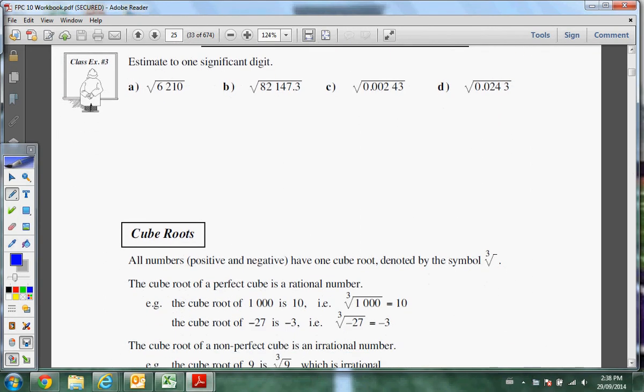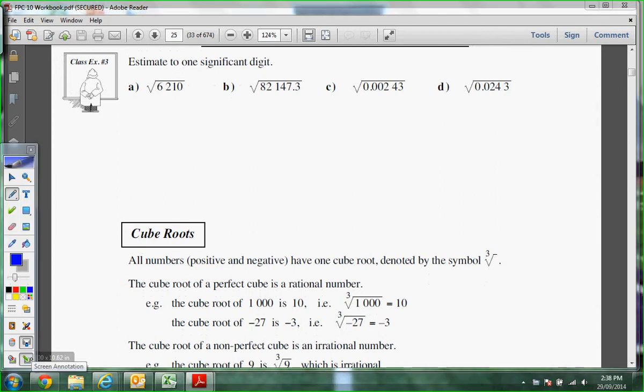Okay, example 3, estimate to one significant digit. So we're going to estimate 6210.